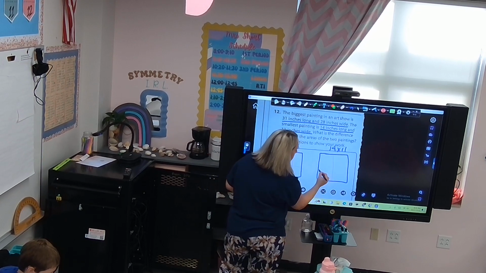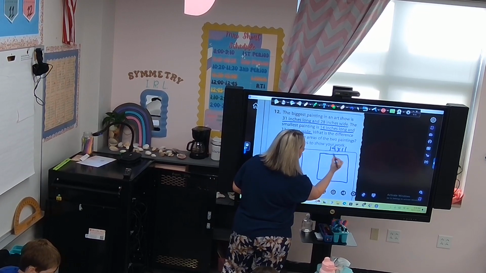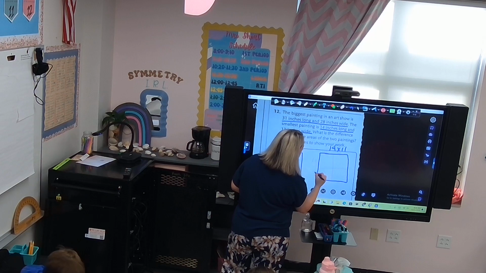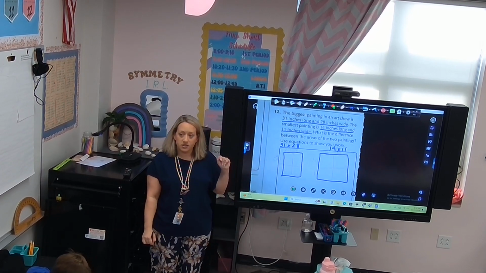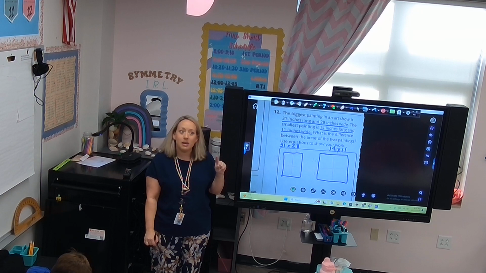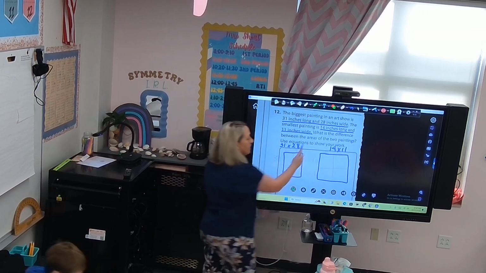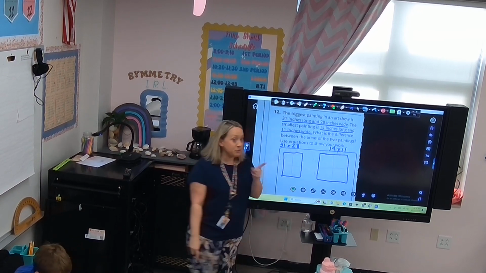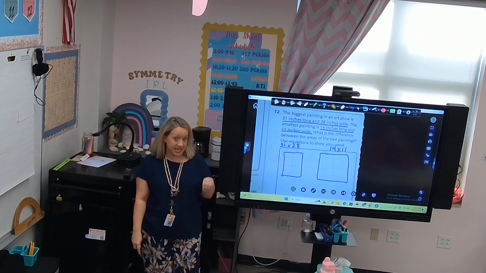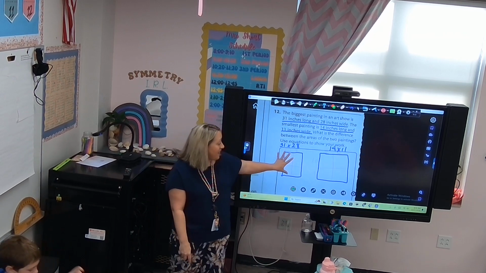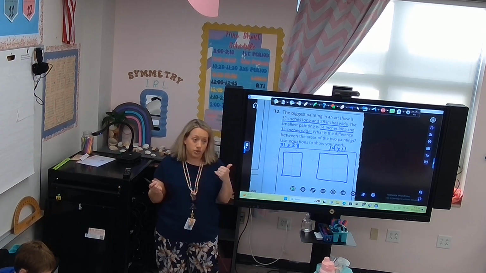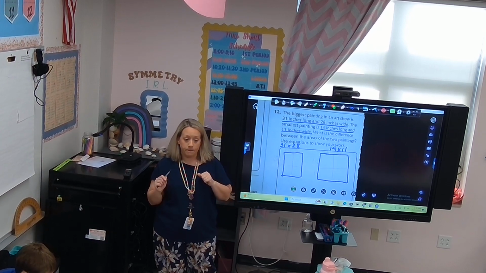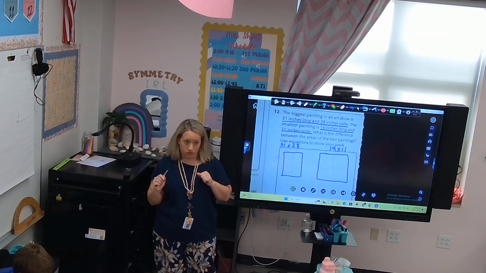And we're going to do the same thing here. 10 and 4 and 10 and 1. When you find those two areas, what does it ask? Oh, think about it. Subtract. You're going to subtract. It wants to know what the difference is. So once you find the answer to this, and you find the answer to this, you're going to subtract those two from one another. So go ahead and work that out.